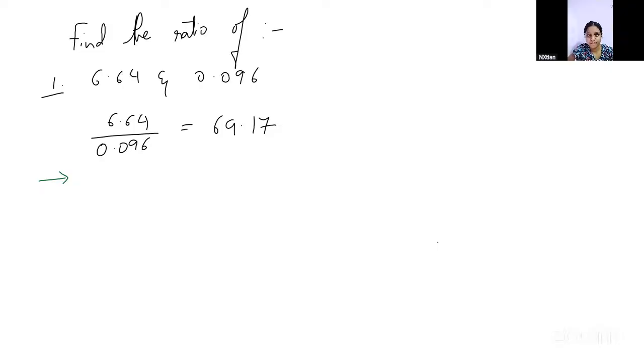So, ma'am, in the test, will there be any of these questions? No, not like this one, 6.64 and 0.096, but I'll discuss what can come in the test. So maybe decimals, but a little easier to divide with, like 0.5. Yes, yes.